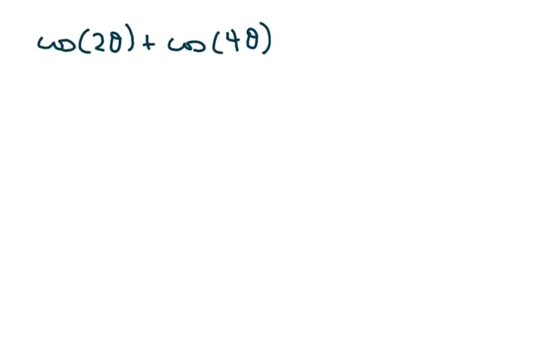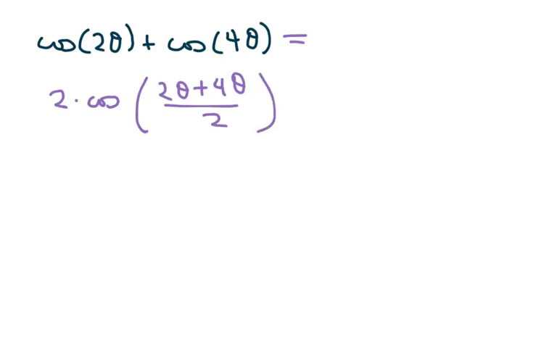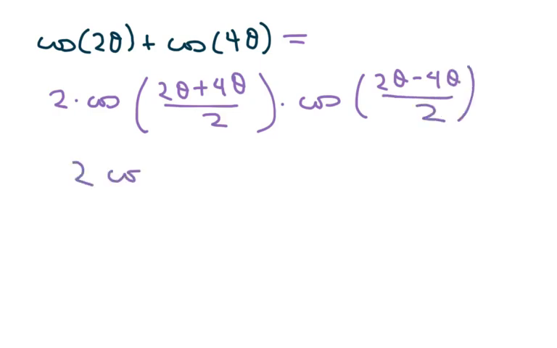The next one, same kind of thing. We're going to have this equals 2 times cosine of 2 theta plus 4 theta over 2 times cosine of 2 theta minus 4 theta over 2. And this gives us 2 cosine of 6 theta over 2 is 3 theta times cosine of negative 2 theta over 2 is negative theta.